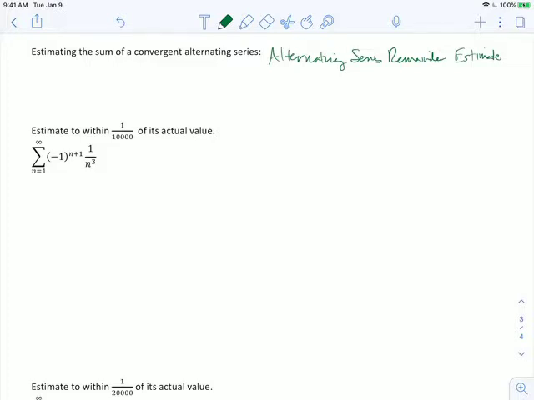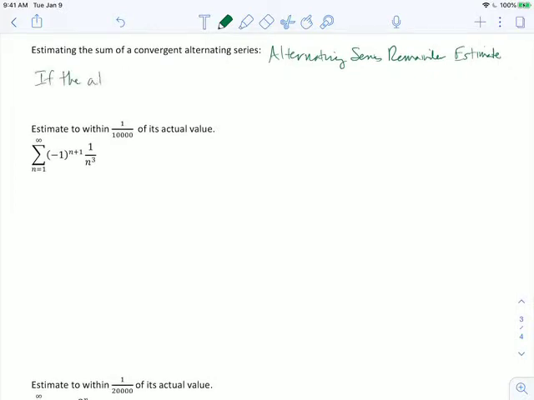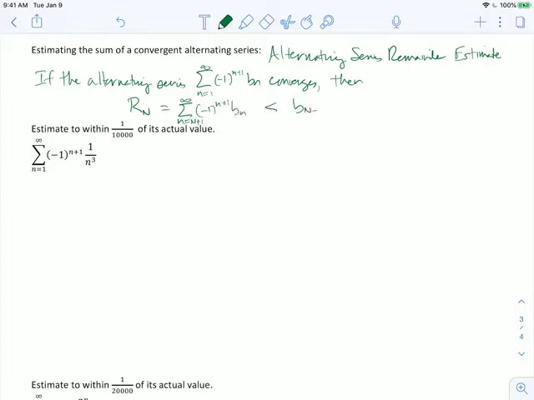And just a reminder of what this says is that if you've got an alternating series that converges, then the remainder, which we want to recall is the sum of all the terms from capital N plus 1 outward, happens to be less than simply the n plus first term in the positive series that's used to formulate the alternating series.